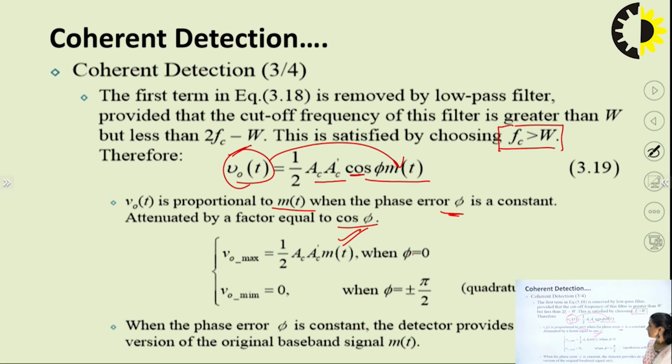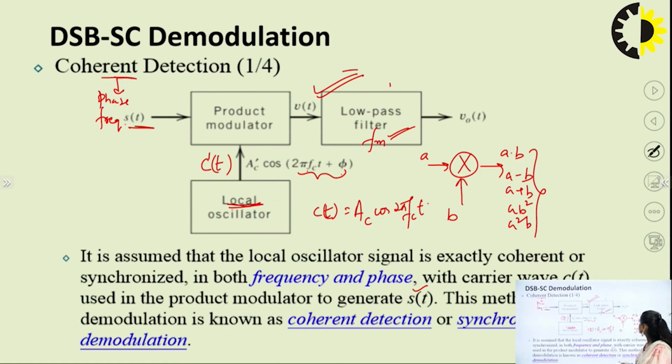But let's suppose phi becomes 90. There is so much phase error introduced. Cos of 90 is 0. When cos of 90 is 0, this complete term becomes 0. So what do I get in the output V0t? Nothing.